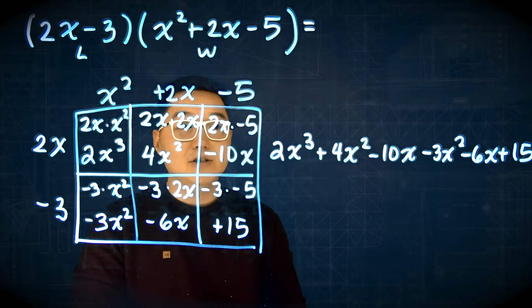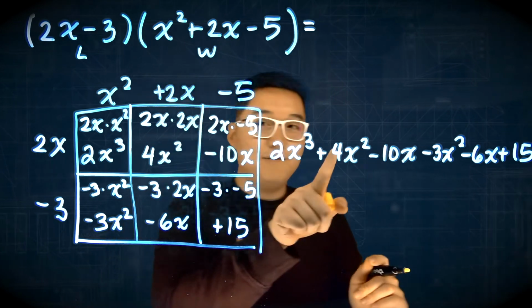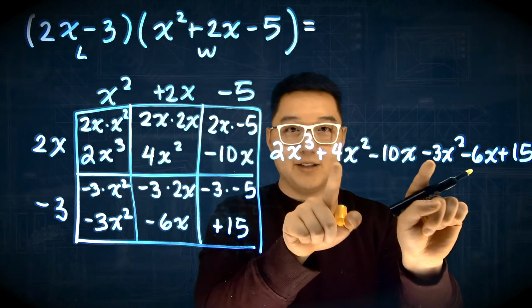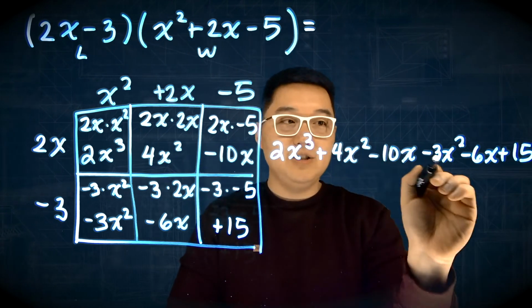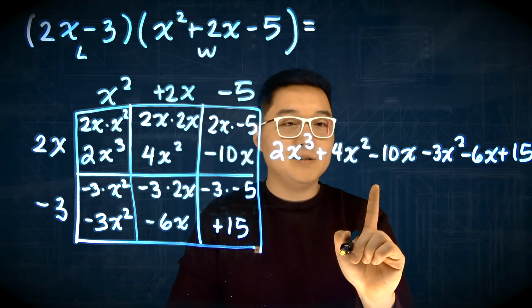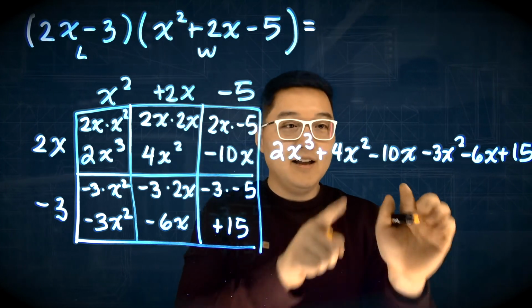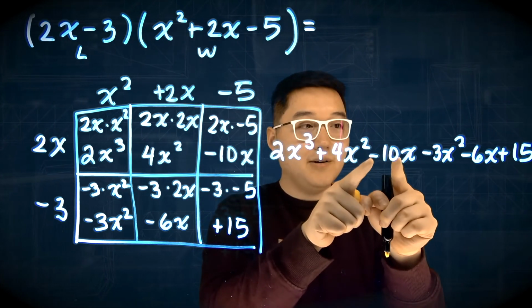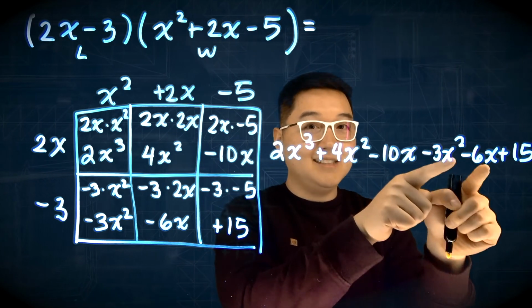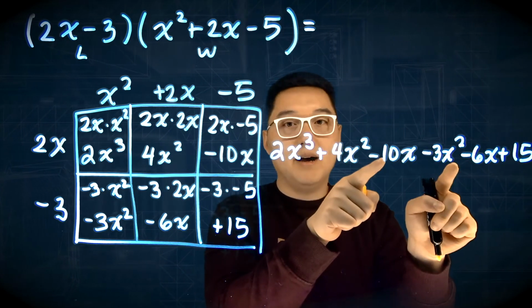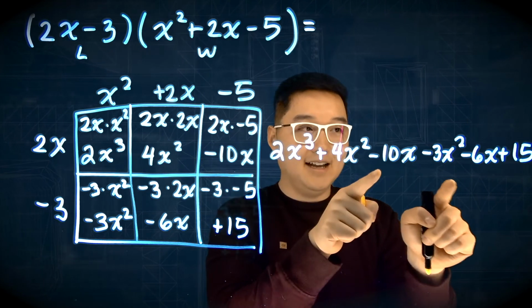Are there any like terms? Yes. The 4x squared and the minus 3x squared combine. These two combine to be just 1x squared. Now, is there anything else that combines? Yes. That negative 10x also can combine with negative 6x. These two combine to be negative 16x.